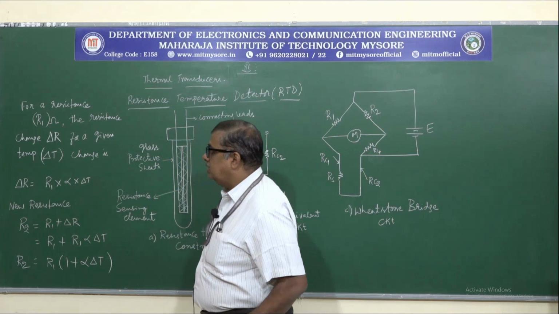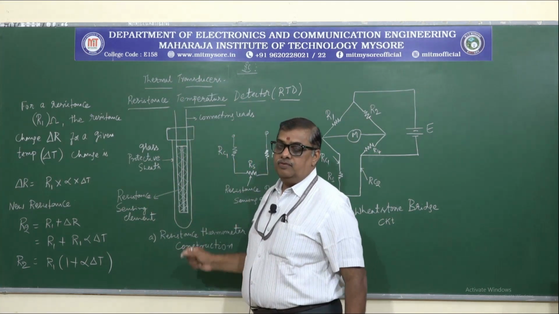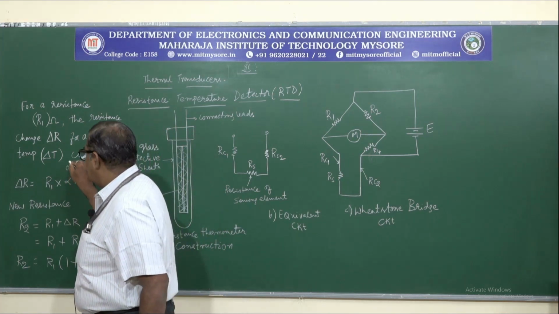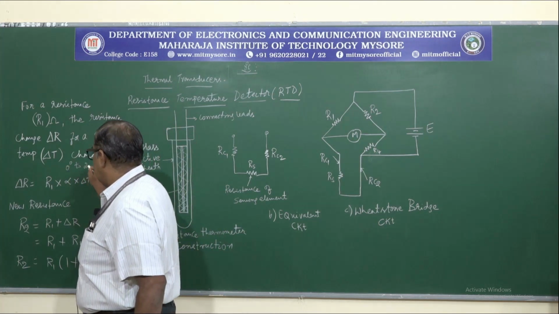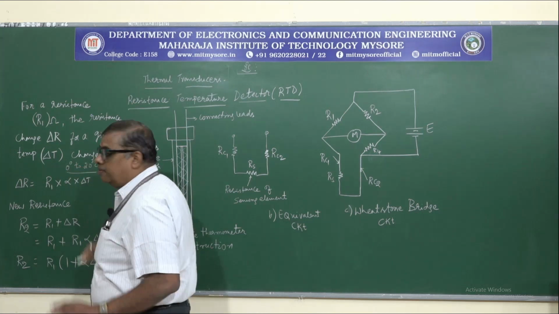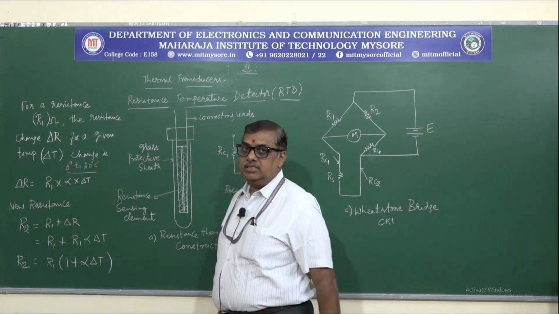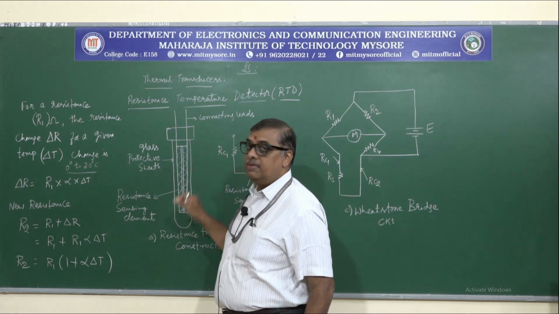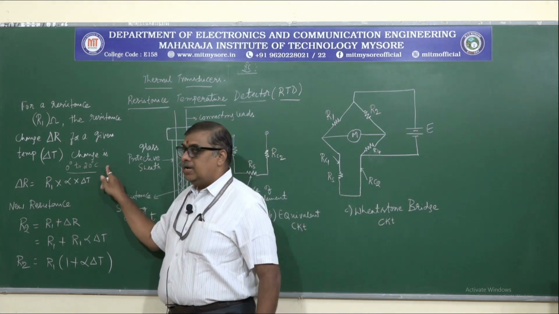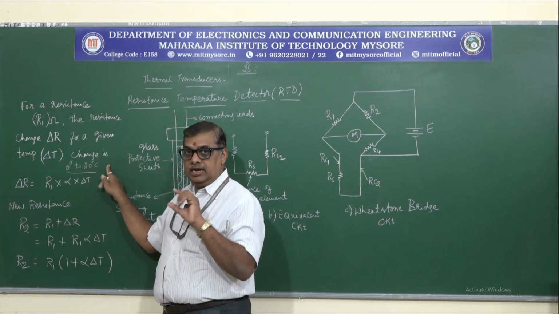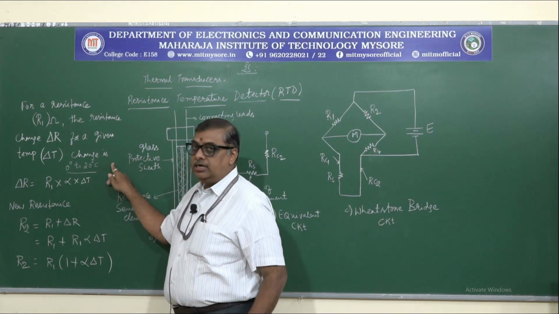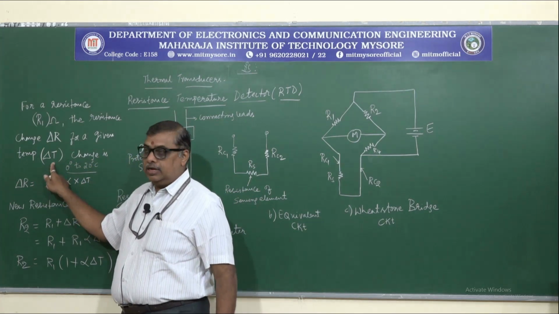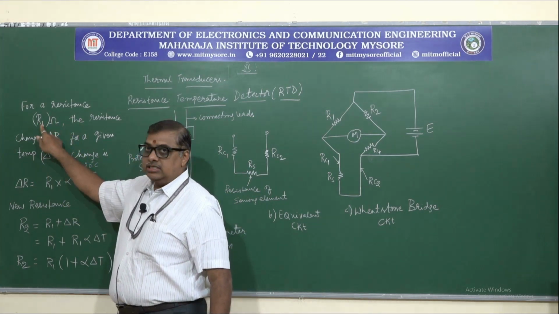Now, what temperature do we consider for the change in temperature? Usually we take 0 to 20 degrees as the normal temperature. Once the sensing element is heated, the temperature rises above 20 degrees centigrade, and that temperature change we call delta T. Initially the resistance is R1.